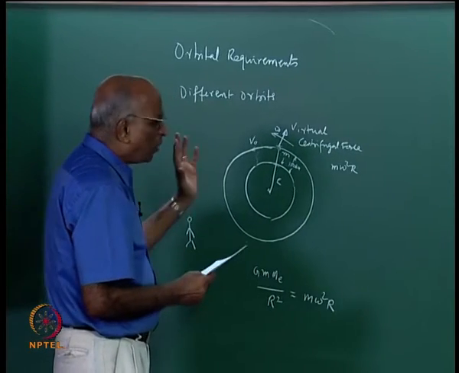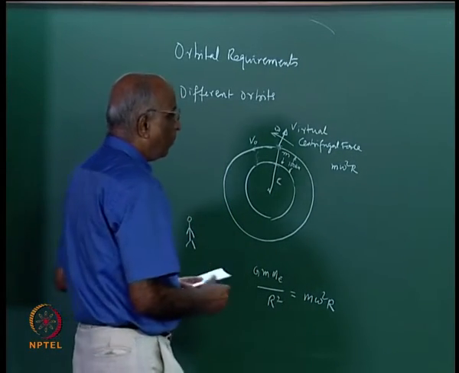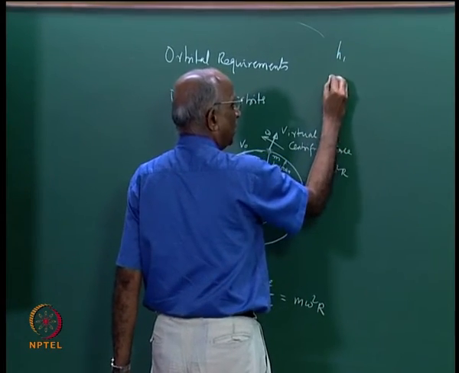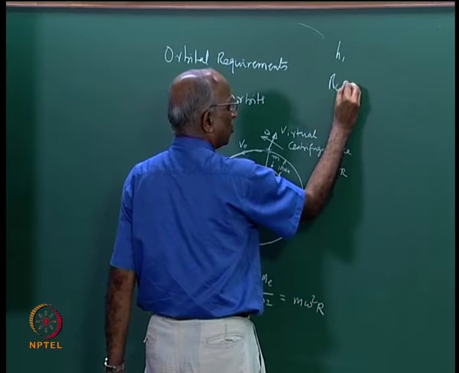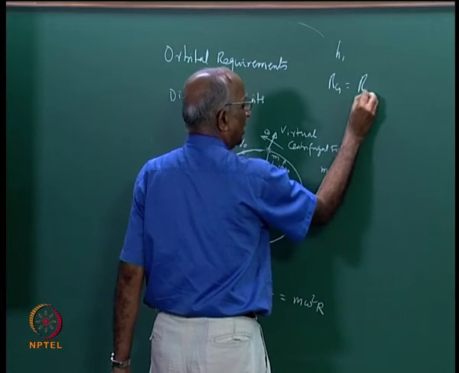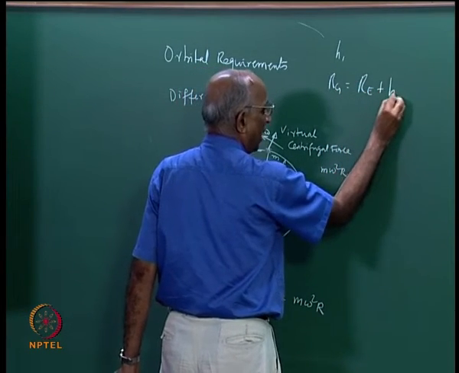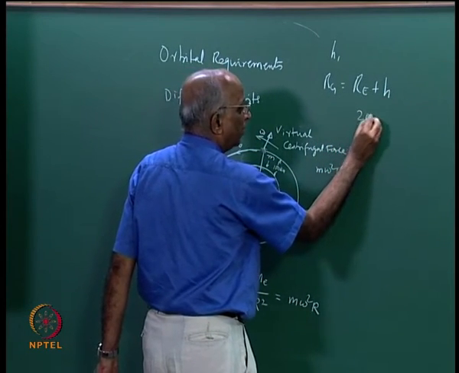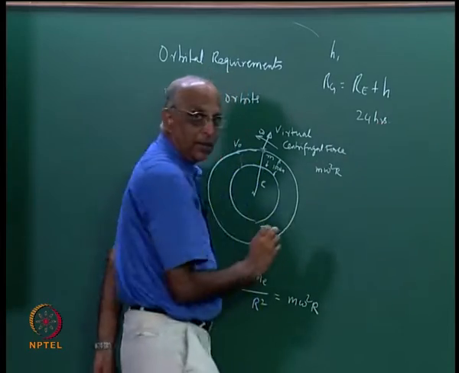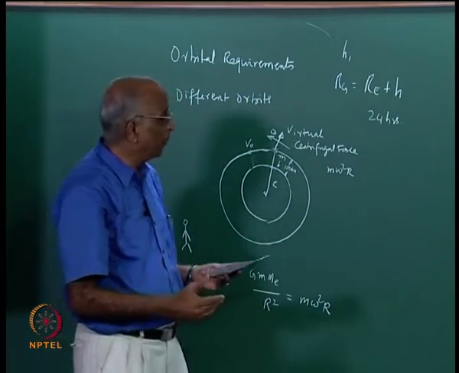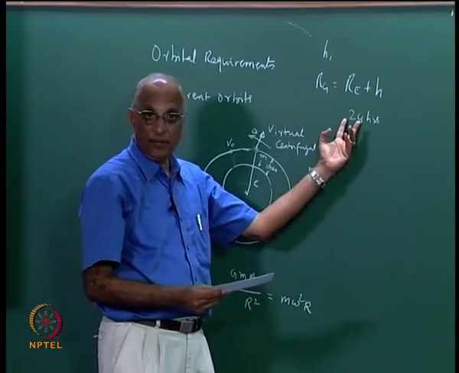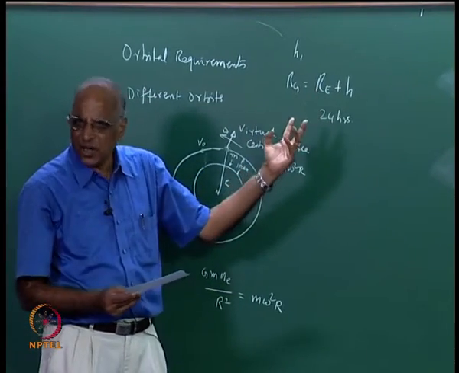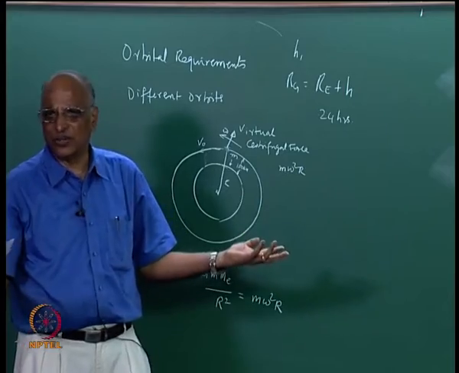All that I am trying to say is, what is the value of the height, and I call this height the radius of the geosynchronous orbit, which is equal to the radius of the earth plus the height of the orbit at which the period is going to be 24 hours. I also qualify by saying 24 hours is the solar day, and I must distinguish it from the sidereal day, which is slightly smaller, but for us it really does not matter.